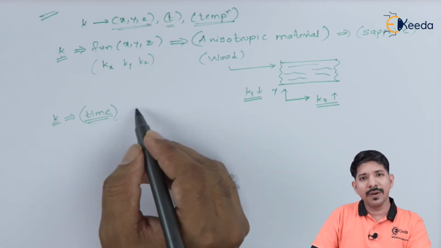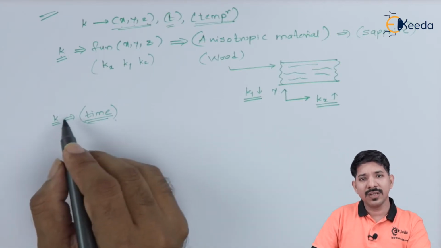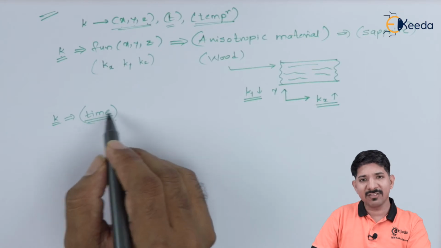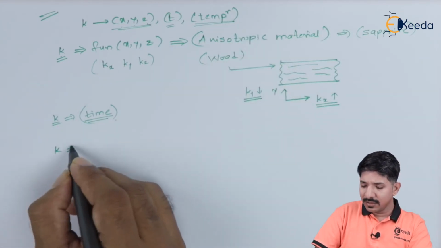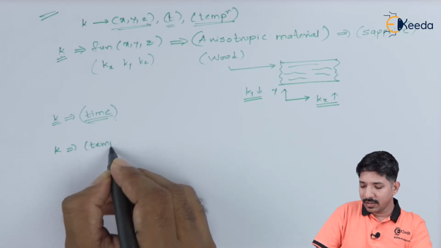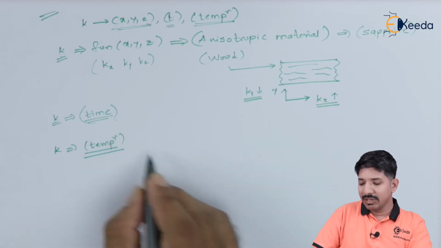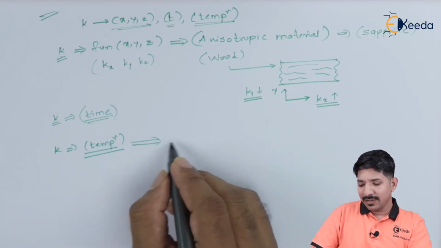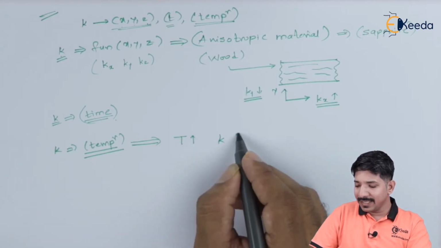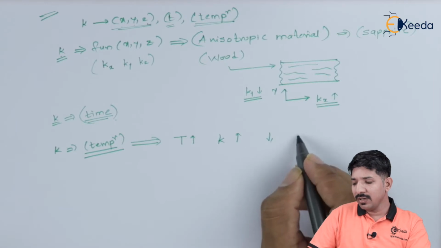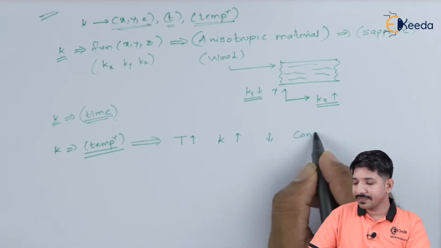There are again so many materials that we can talk about where the thermal conductivity varies with time. And the last one is by the temperature. Now by the temperature, again, if the temperature increases, the thermal conductivity may increase, may decrease, or it may remain constant.